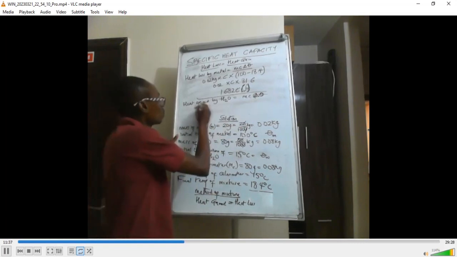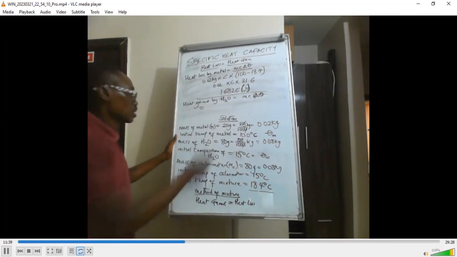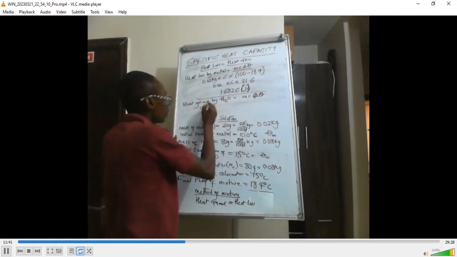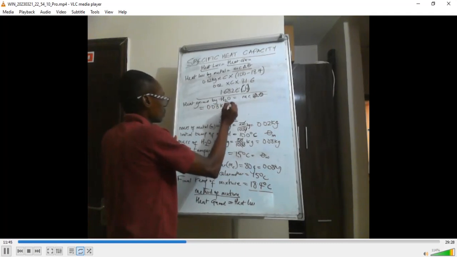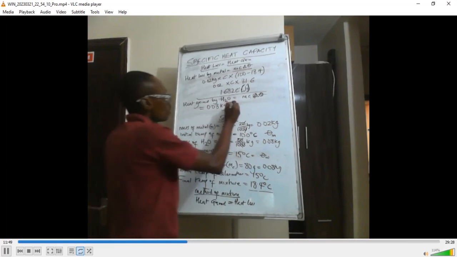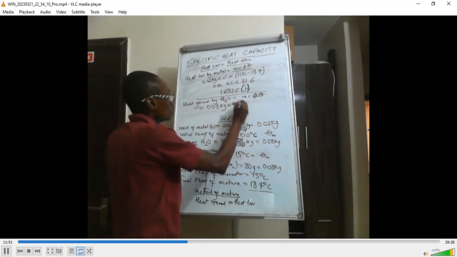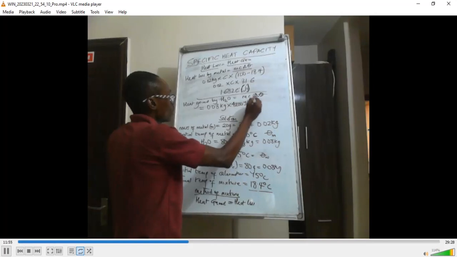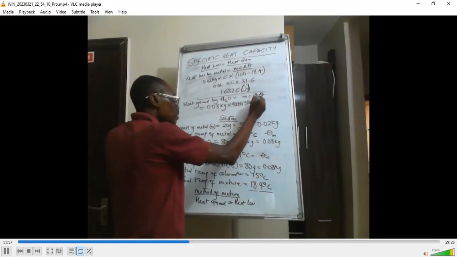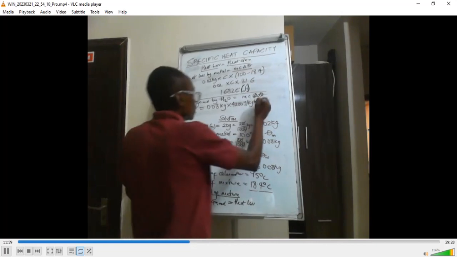So the mass of water was 80 gram, which is 0.08 kilogram, times the specific heat capacity of water, which is 4,200 joules per kilogram per Kelvin, times the change in temperature.